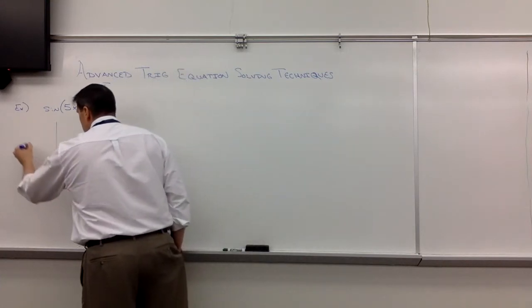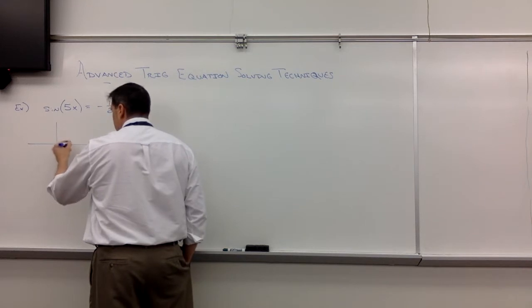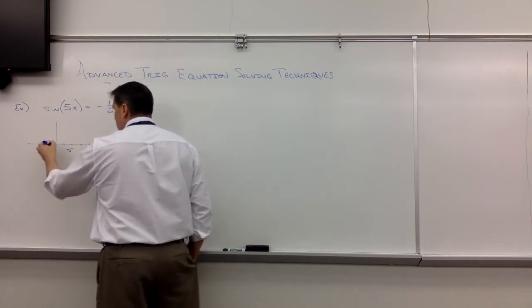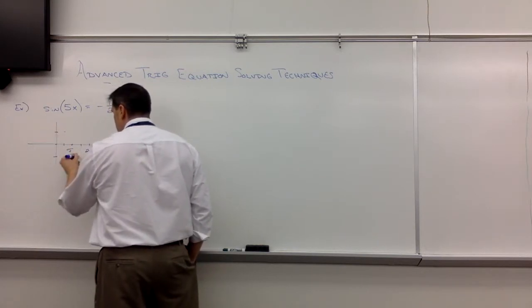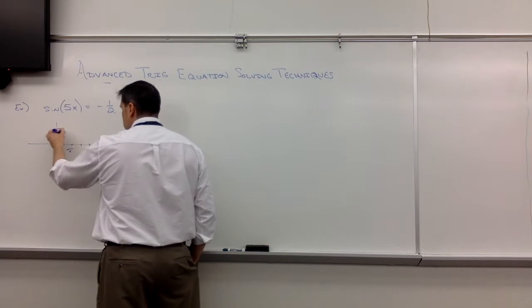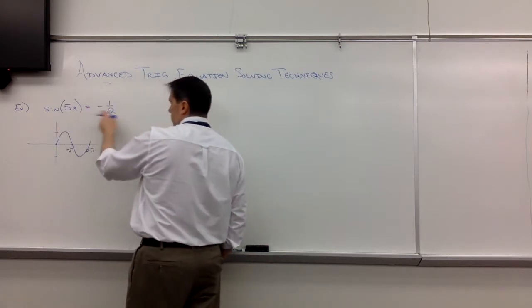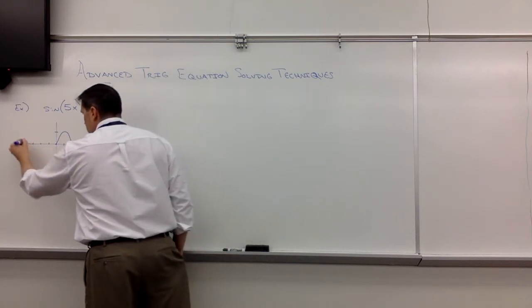Well, when you graph normal sine, here's 2 pi, here's pi. When you graph normal sine, what's happening when we try to solve this? We've seen this before. When does it equal negative 1/2? So, stop being lazy here.